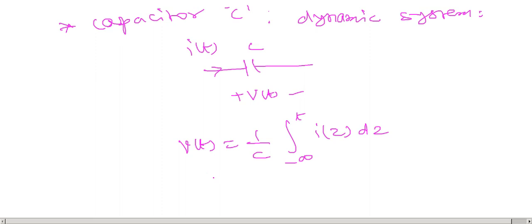At any time t equal to t naught, this voltage depends on the values of the current from minus infinity up to that time instant t naught. So clearly the output depends on the present and past values of the input. That's why this is a with memory or dynamic system.